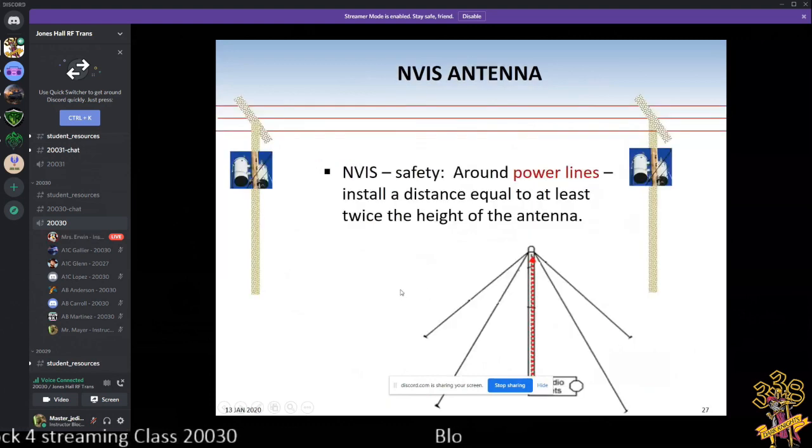And again, for safety, stay at least a distance equal to twice the height of the antenna from power lines.